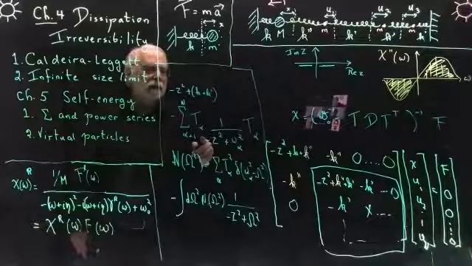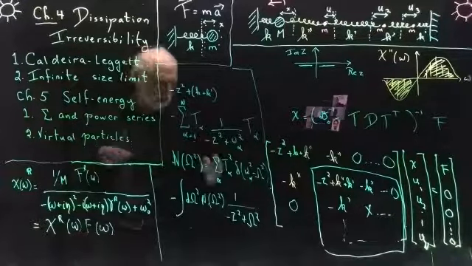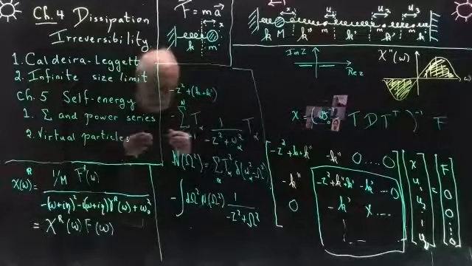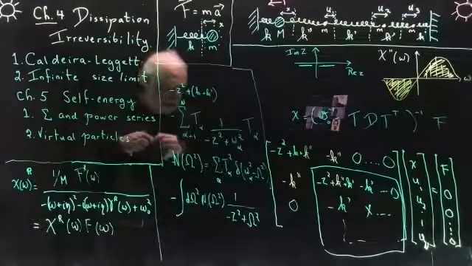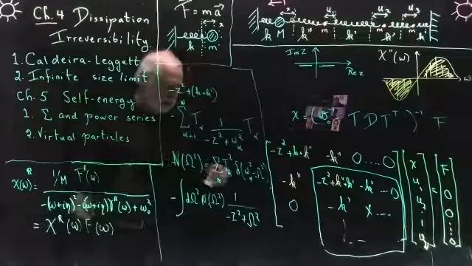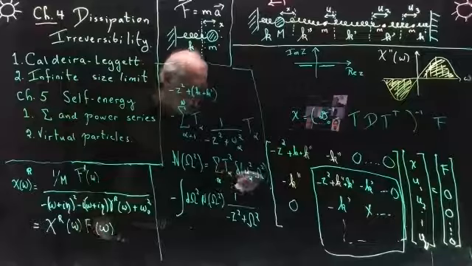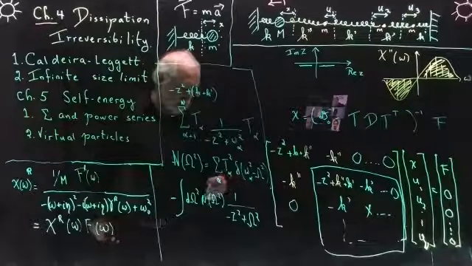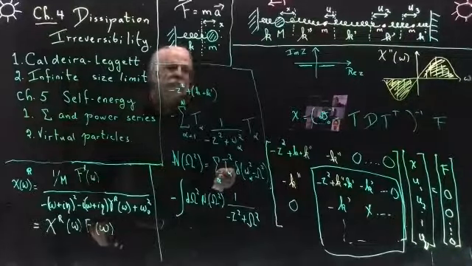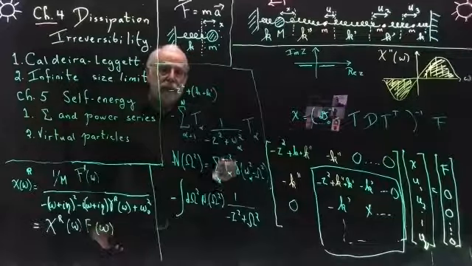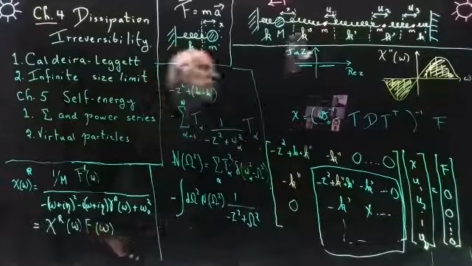Do you agree? Yes. But now, instead of saying that this is a set of discrete poles, I will replace this sum over alpha by an integral also, because I have an infinite number of modes.